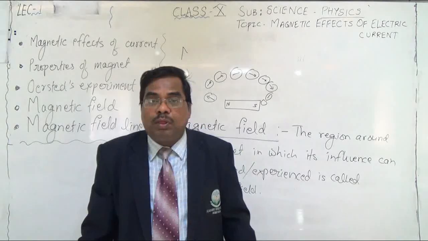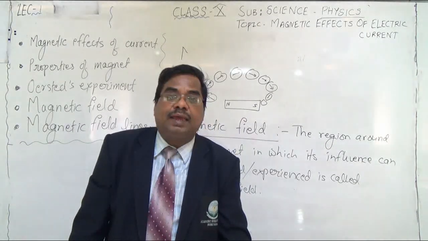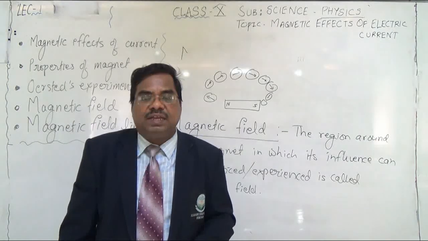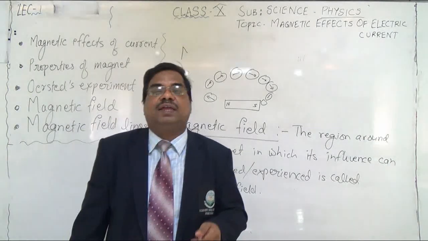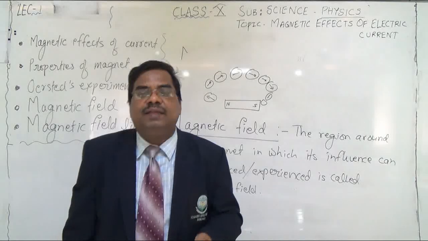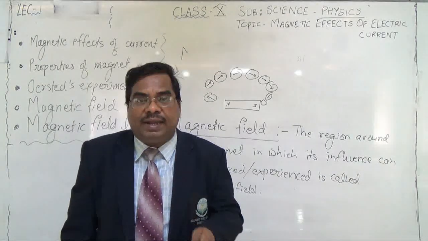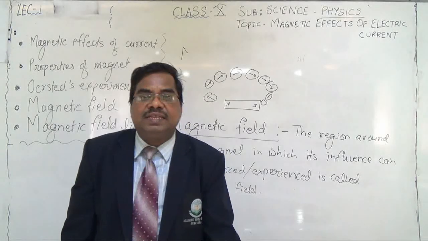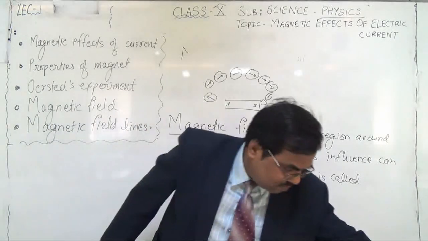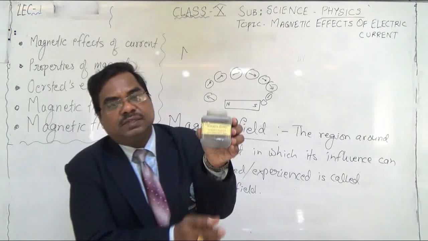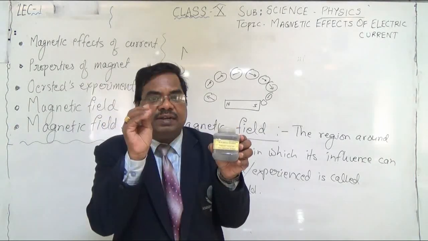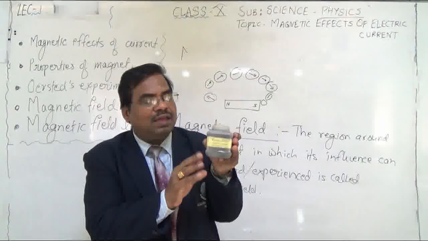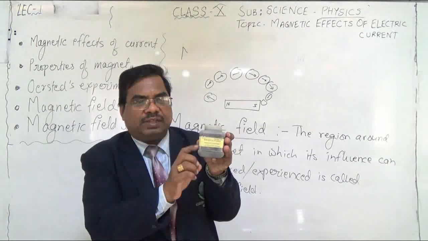You must know every magnet can attract some particles or substances, and those substances which get attracted by the magnet are called magnetic substances. The most common magnetic substance is iron. This is a packet of iron dust, iron filings, I should say, small particles of iron.